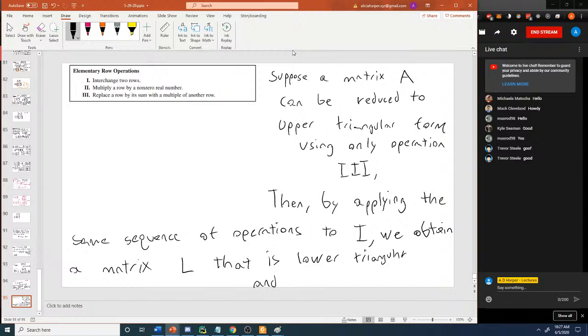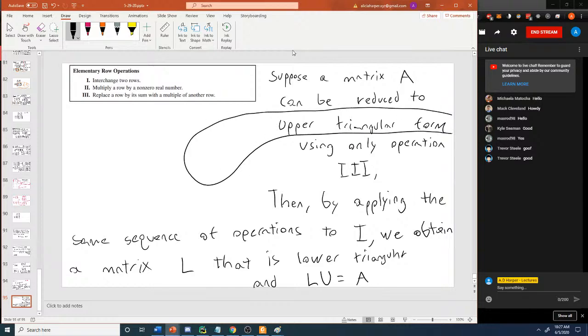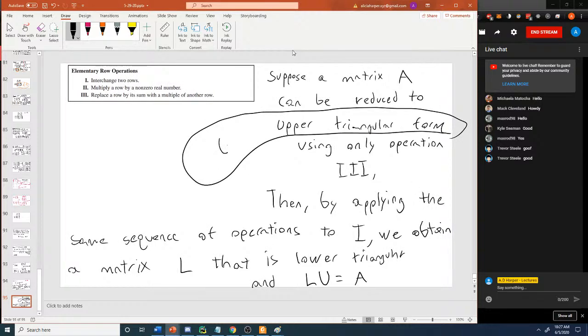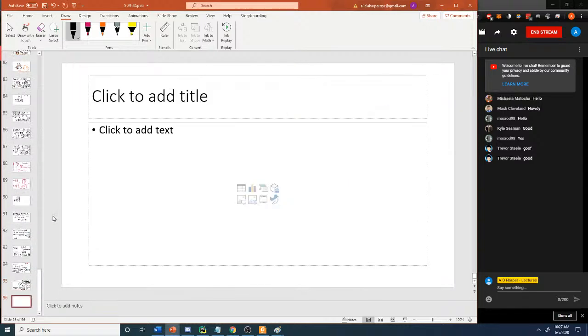And L times U is equal to A, where we're calling the upper triangular form of A U. So this is one of those results that is best shown in practice. And it'll make the most sense if we do it that way.